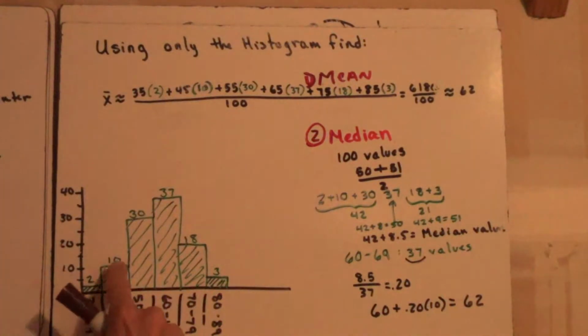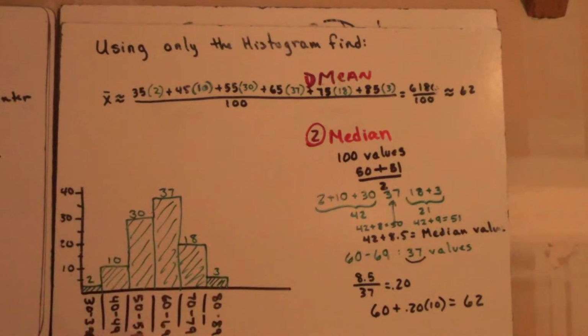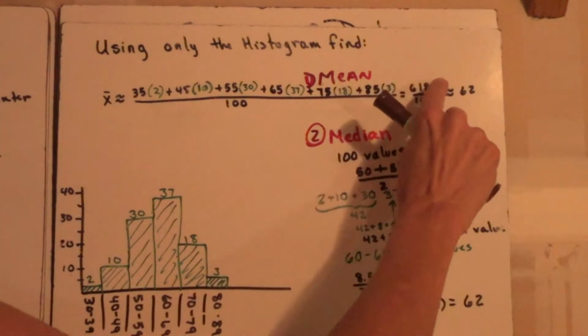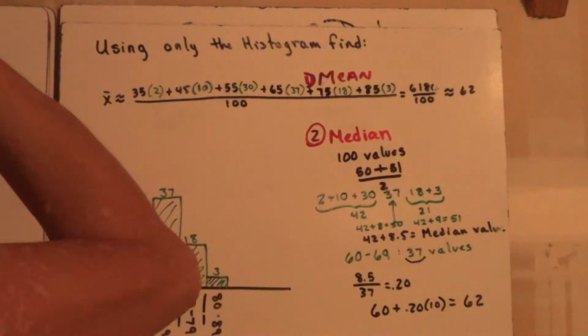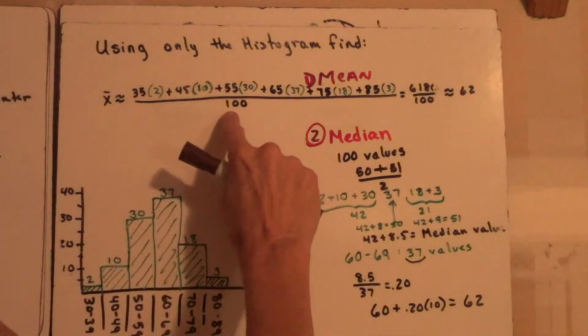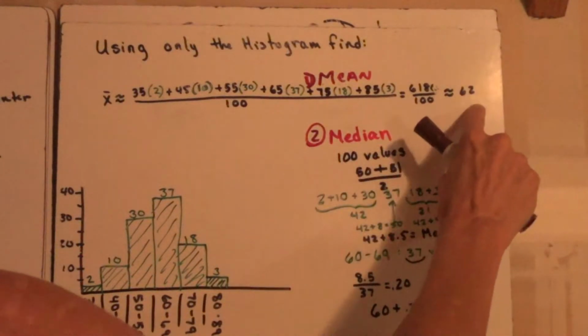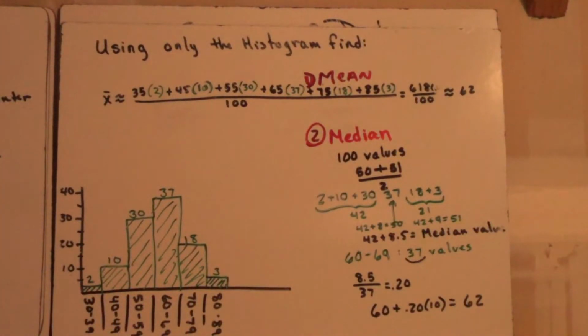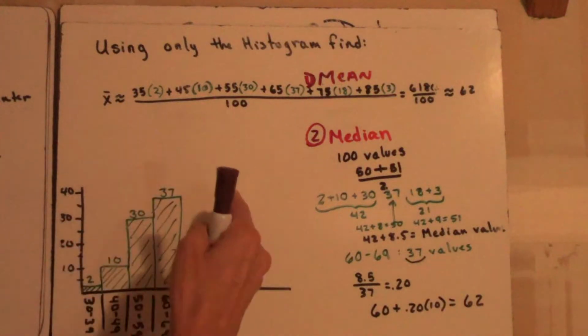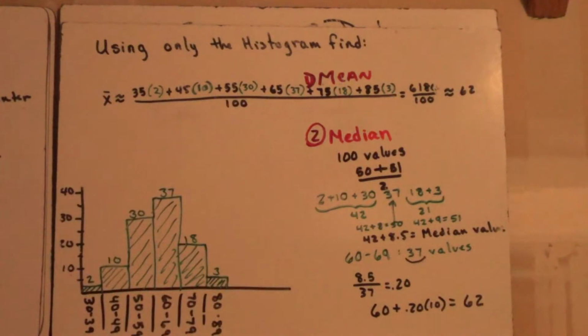Then I add the next one, 10 times 45, 30 times 55, 37 times 65, 18 times 75, and 3 times 85. I get a total there. And then there were 100 senators altogether that I tallied in my data. So I divide it by the number there are, and that's how I get my average. Real important that you can get an average from a histogram.